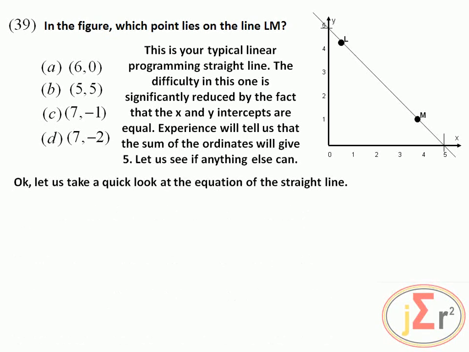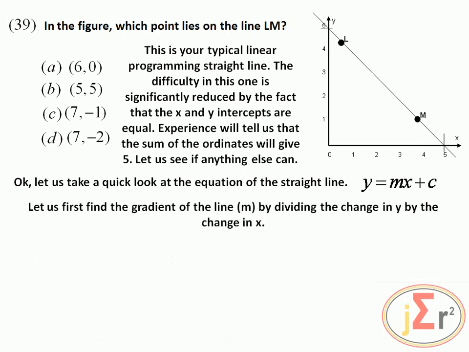Okay, let us take a quick look at the equation of a straight line, which we know to be y is equal to mx plus c. Let us first find the gradient of the line, which is m, by dividing the change in y by the change in x. So we will go straight ahead to determine the equation of this particular straight line.